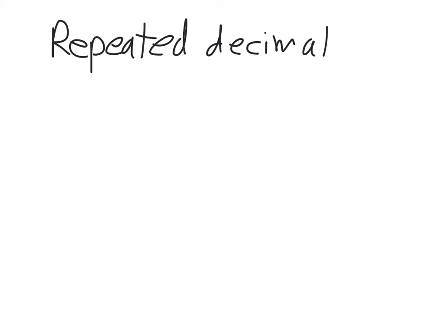Now, we did a few of these on the homework, but what fraction does this come from? Okay, and what you have to do there, turn this into a geometric series and then use the a over 1 minus r to figure out the fraction. So we did a few of those.